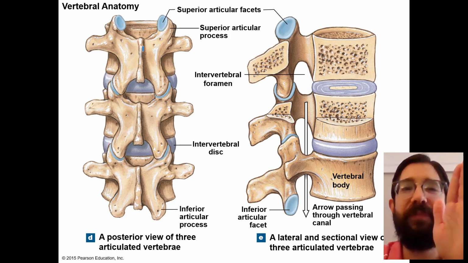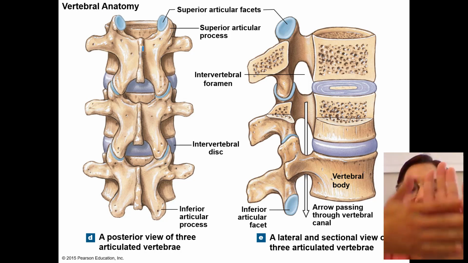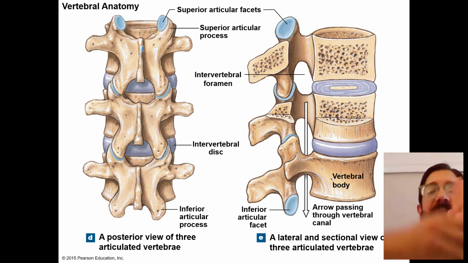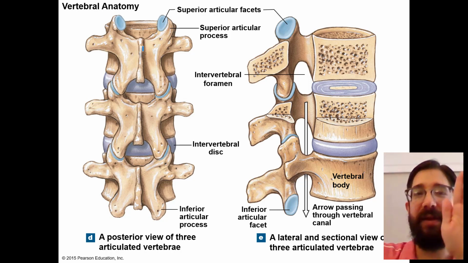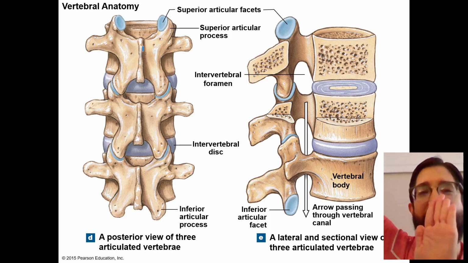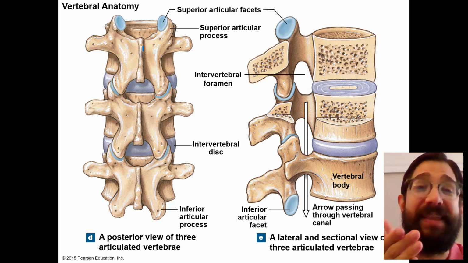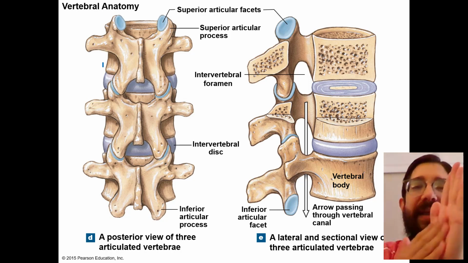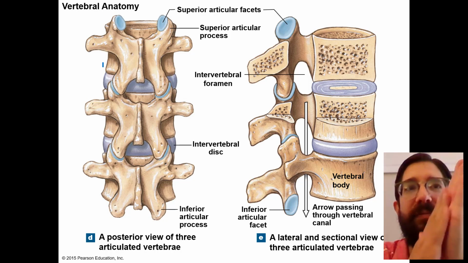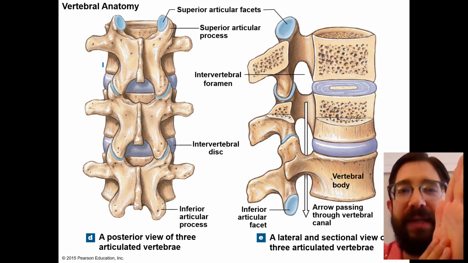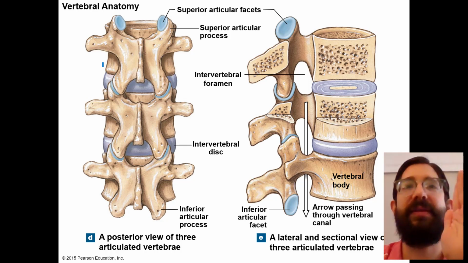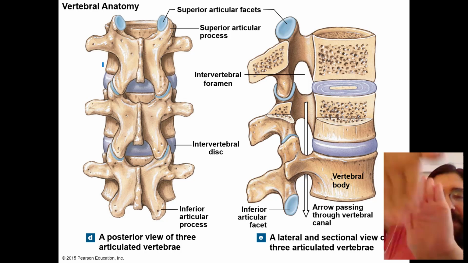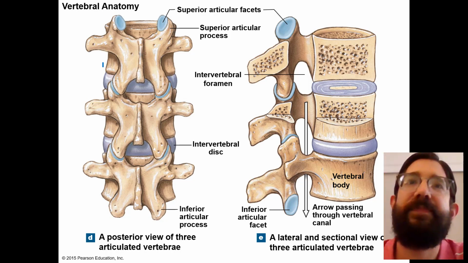You're just touching my palm or this face of my hand, right? So my hand is the process, the big chunk of bone. But just the region that you touch is called a facet. The superior articular facet is a little cartilaginous protected region of the process. And then the vertebrae will come together like this. They'll touch facets.